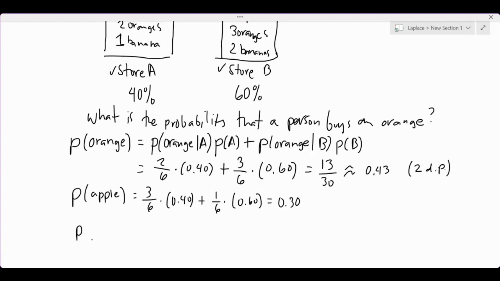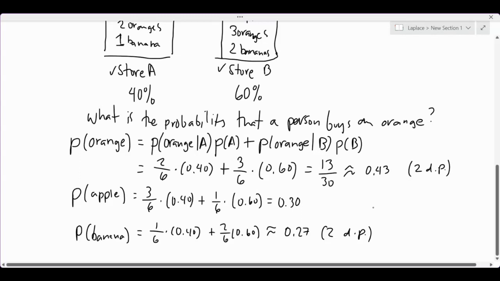And finally, the probability for banana will be 1 over 6 times 0.40 plus 2 over 6 times 0.60, and this gives us a figure approximately equal to 0.27 rounded off to 2 decimal places.